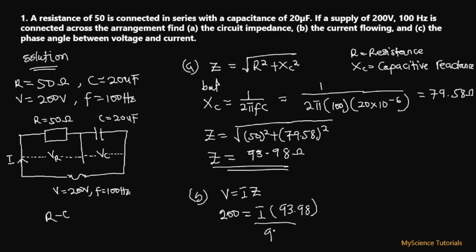So if we divide both sides by 93.98, we are going to get the value of our current I to be equal to 200 on 93.98, which is going to give us 2.13 amperes as the value of our current flowing through this entire circuit over here.